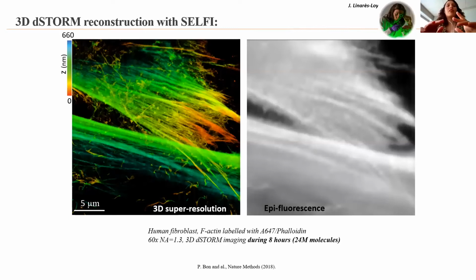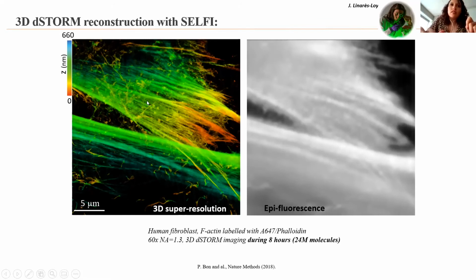So how does an image with SELFI look like? Here's an image that we have obtained by combining STORM with SELFI. This is an image of F-actin filaments of human fibroblasts. And here we have the same image, but diffraction limited. So we can see that whenever we combine STORM and SELFI, the difference is huge.